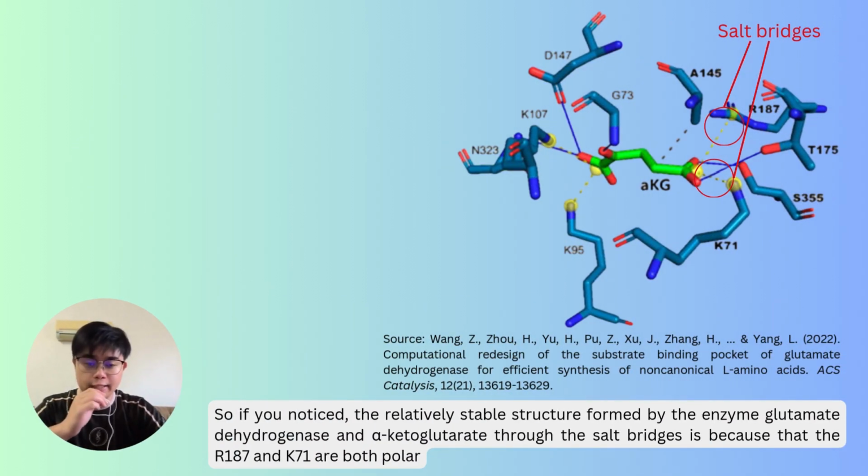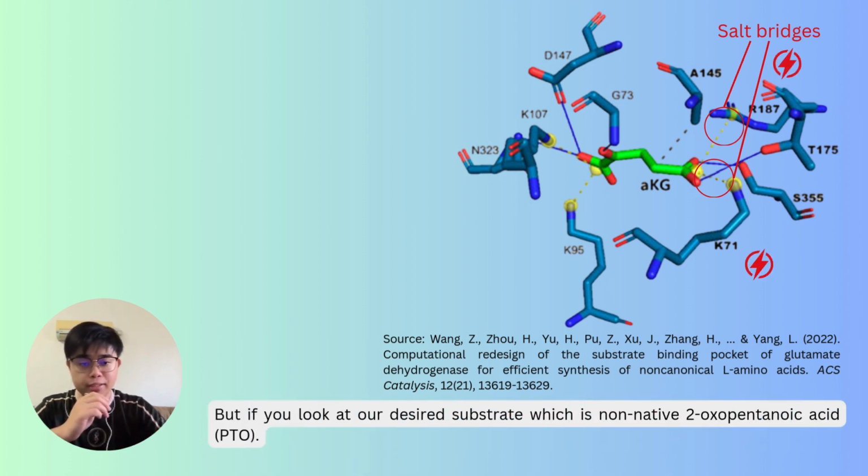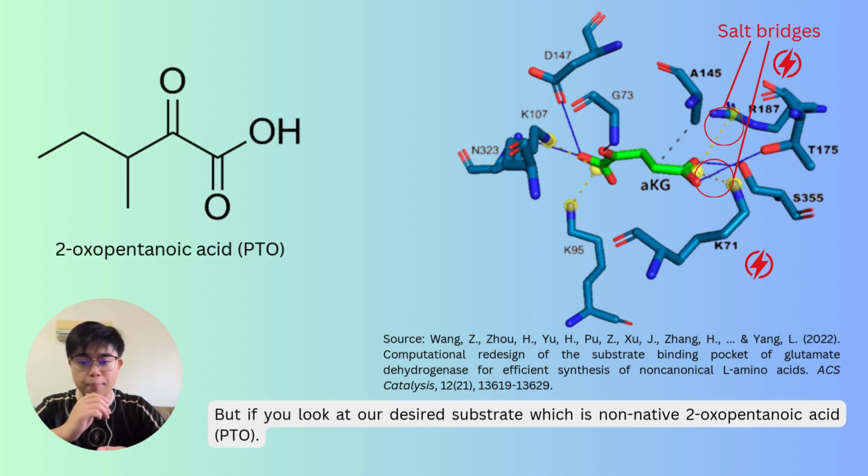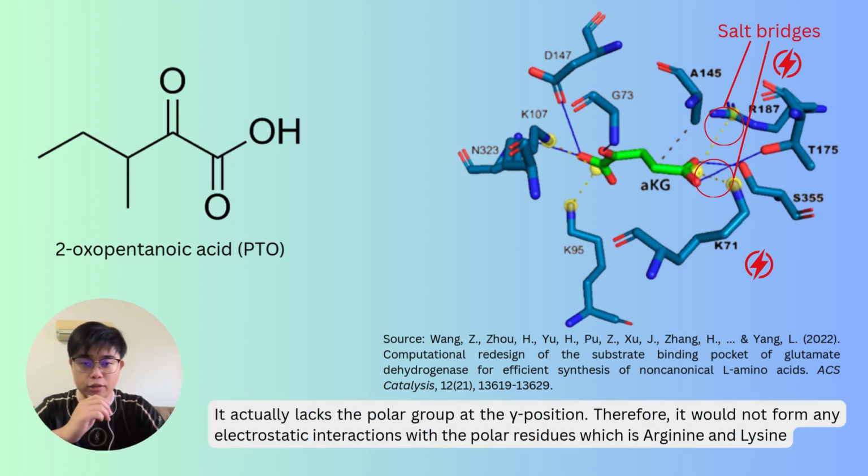If you notice, the relatively stable structure formed by the enzyme glutamate dehydrogenase and alpha-ketoglutarate through the salt bridges is because the arginine at position 187 and lysine at position 71 are both polar. But if you look at our desired substrate, which is the non-native 2-oxopentanoic acid (PTO), it actually lacks the polar group at the gamma position.